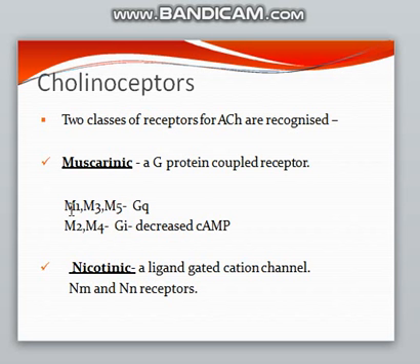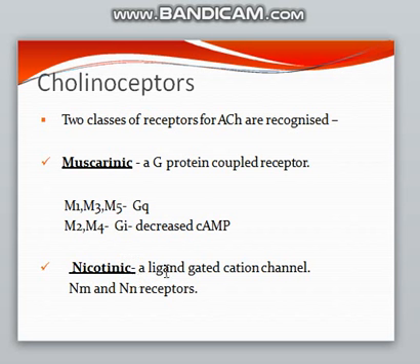M1, M3, and M5 are coupled to Gq, and M2 and M4 decrease cyclic AMP and are coupled to Gi. Clinically, we use M1, M2, and M3. M4 and M5 are not clinically in use.